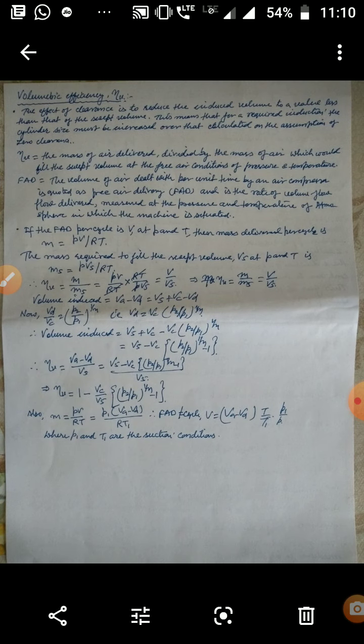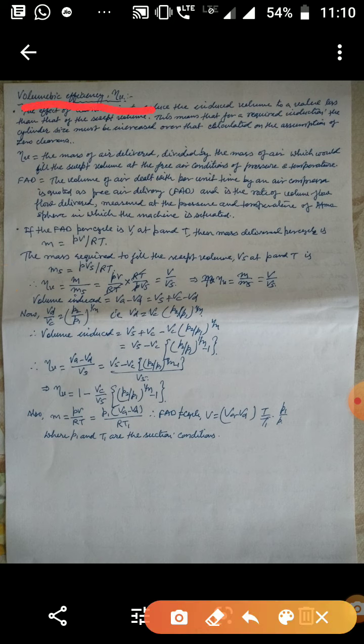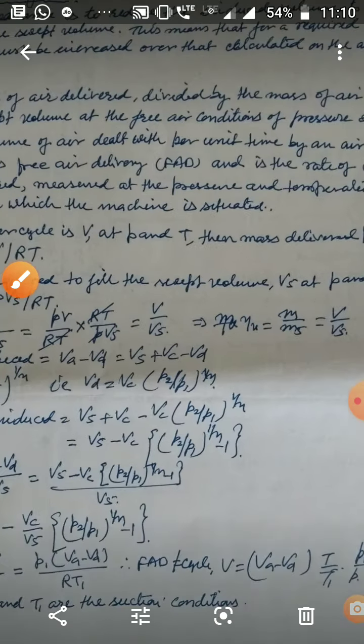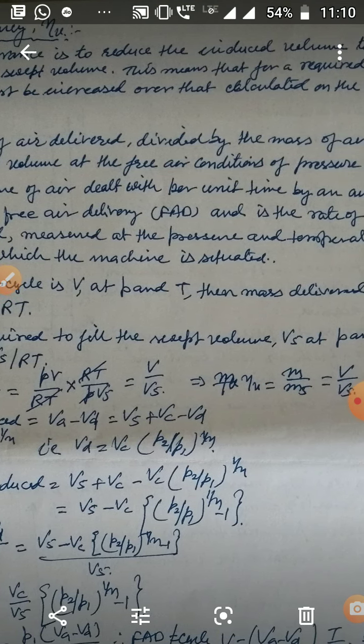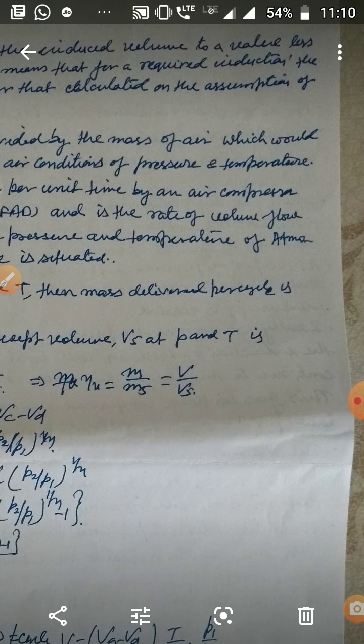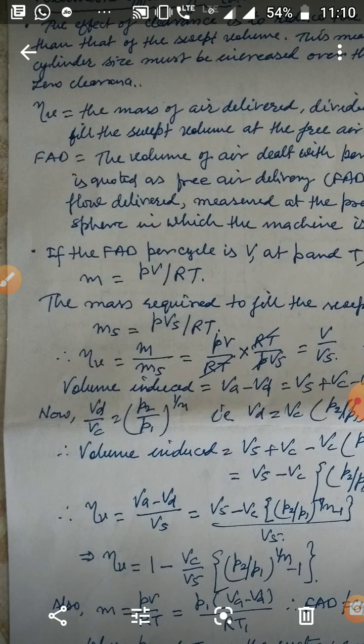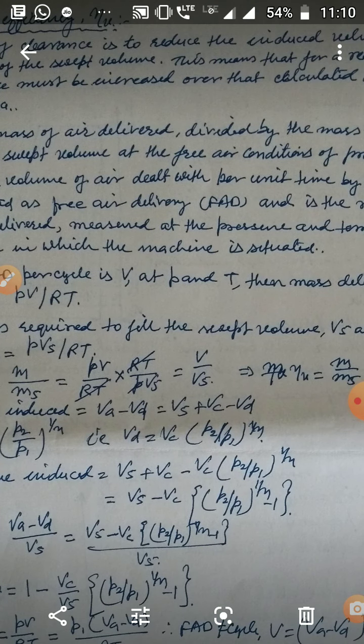Now the next term, we study here the volumetric efficiency. So volumetric efficiency is denoted by eta V. What is the volumetric efficiency? Actually, the effect of clearance is to reduce the induced volume to a value less than that of the swept volume.